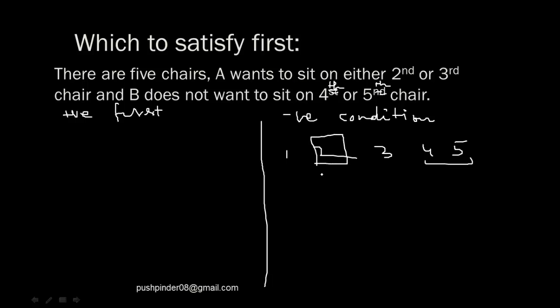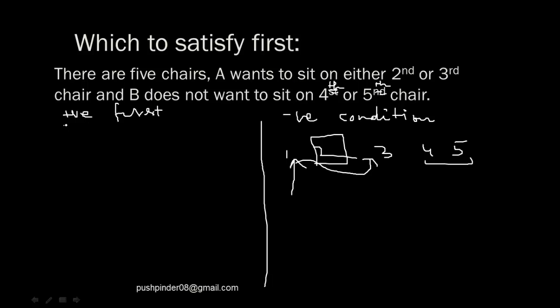Now if B sits on the second chair, then A has only one choice left, which is wrong. A is supposed to have 2 choices because he wants to sit either on second or third chair, which means that this is wrong actually, because we are supposed to give A 2 choices, and we are satisfying B, but in the end we are forcing A to sit on the third chair. I hope you're understanding, right?